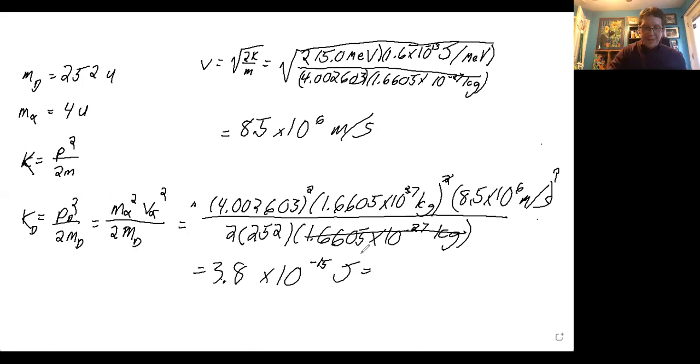And so that's 0.024 mega electron volts. So that's the kinetic energy of the daughter nucleus. So it's a relatively small fraction of the kinetic energy of the decay. And again, you can figure that out because momentum has to be conserved.